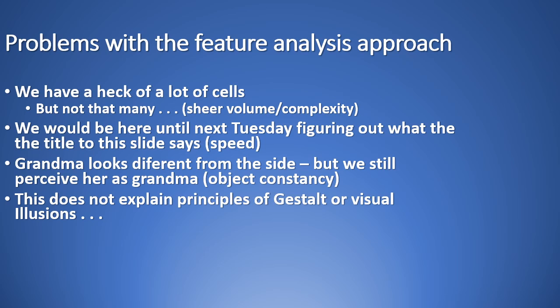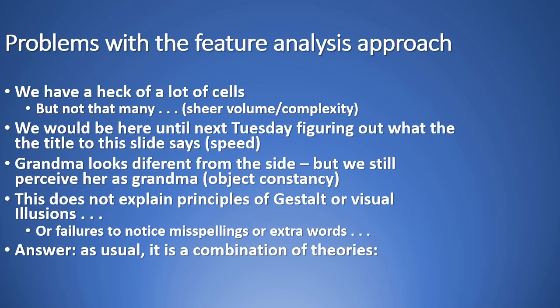And it doesn't really explain the principles of the Gestalt or visual illusions, which we won't cover here, but I'm pretty sure there are some aspects of that in your text. It also doesn't explain why we fail to notice misspelling or extra words. And the answer, as usual, is that it's probably a combination of theories, a combination of bottom-up processing and top-down processing.